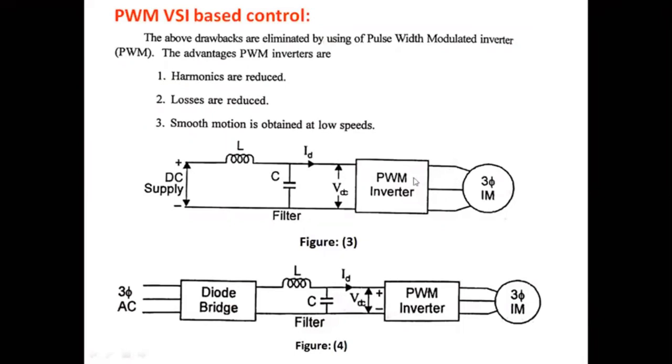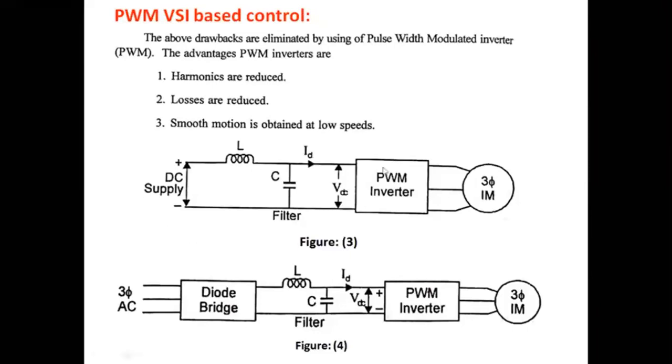The variable voltage is obtained by adjusting the modulation index and pulse width of the PWM inverter, and the variable frequency by adjusting the time period of the PWM inverter, so that your induction motor will operate in constant V/F control mode without any external control.